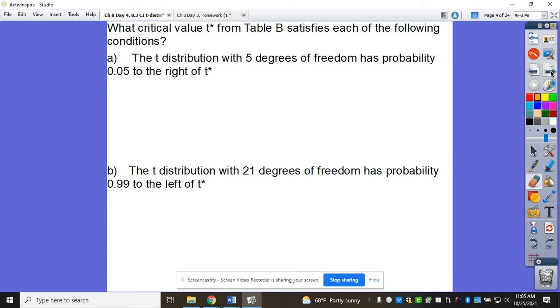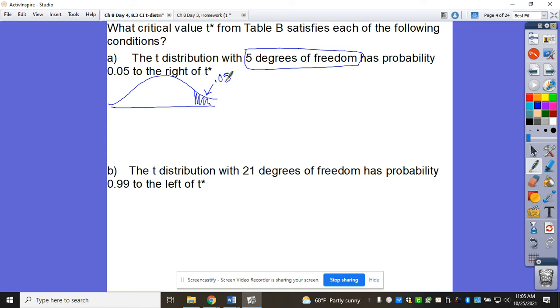All right, so just reading the chart itself, a T distribution, I'm just going to do a curve real quick, with 5 degrees of freedom, which means my N was 6, but I need to know degrees of freedom to use this. The area to the right was 0.05.